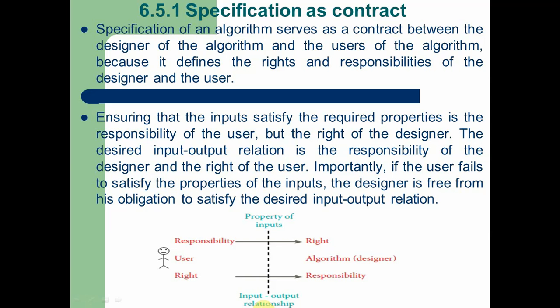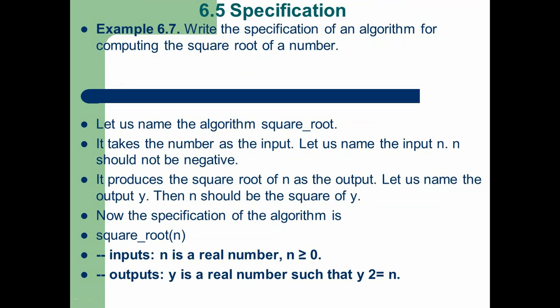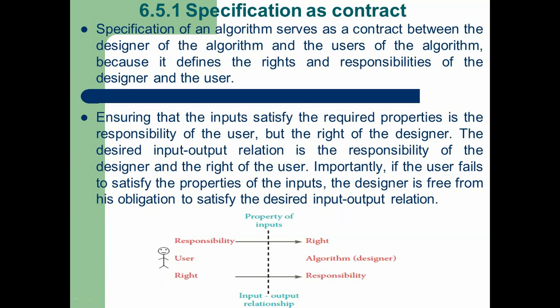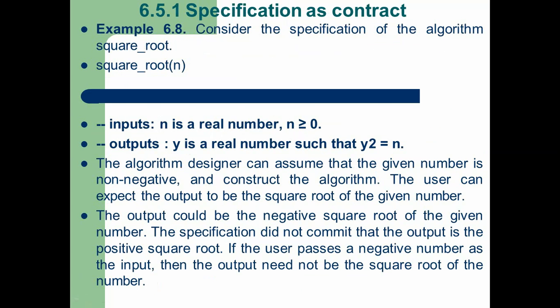Second step, identify the properties of the input. Third step, identify the relationship between the input and the output. So these are the three important steps in writing a specification for any algorithm.